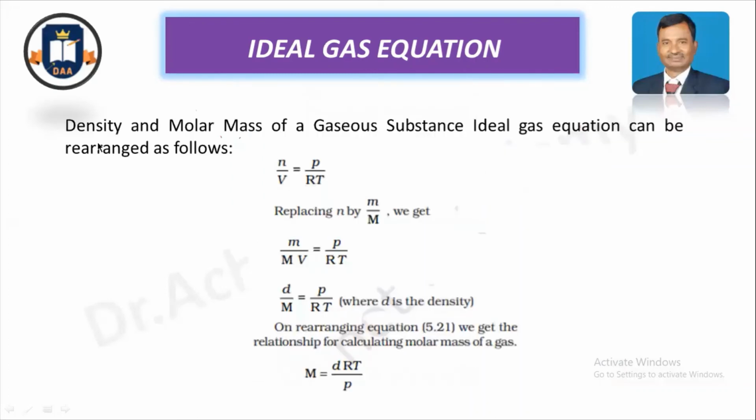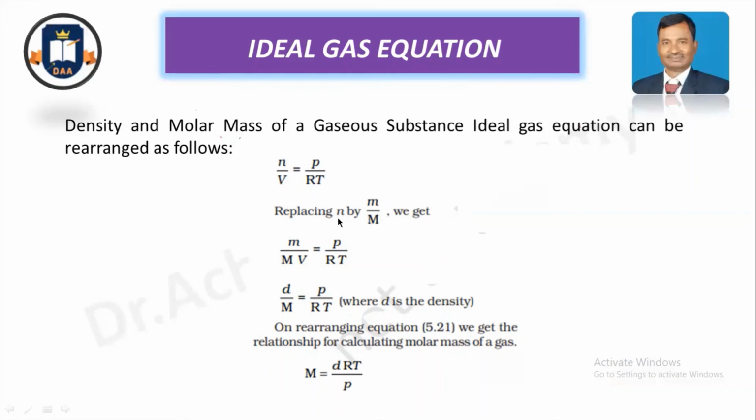So now we'll see the relation between the density and molar mass of the gaseous state. In the ideal gas equation, we know that by rearranging, n by V is equal to P by RT, and then n is replaced by m by M. Small letter m is the mass, and capital letter M is the molar mass.